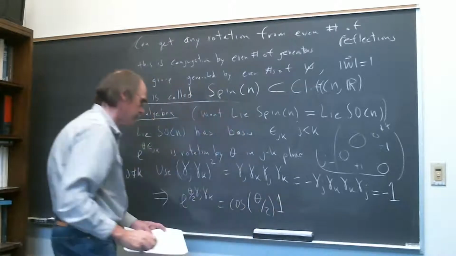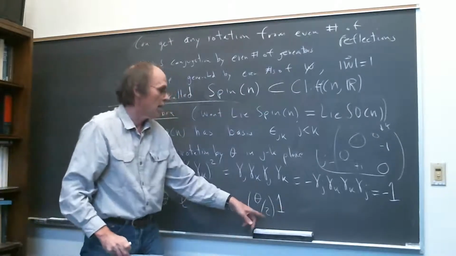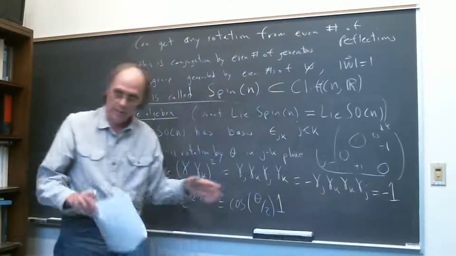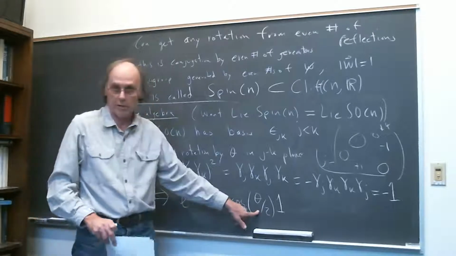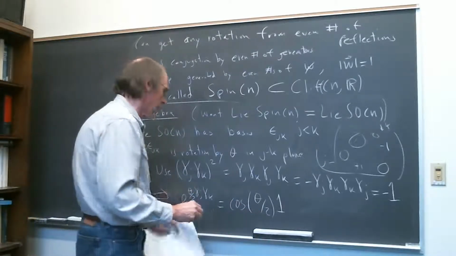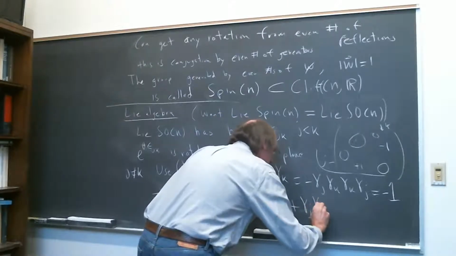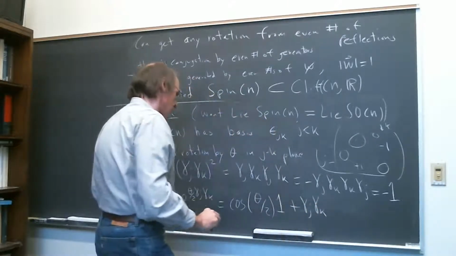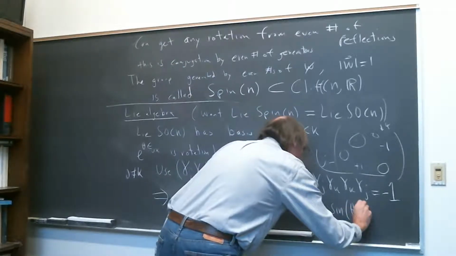When you expand this out, you get a bunch of ones with some coefficients, and the coefficients are the cosine of theta over 2. And then you're also going to get gamma_j gamma_k times the sine of theta over 2.